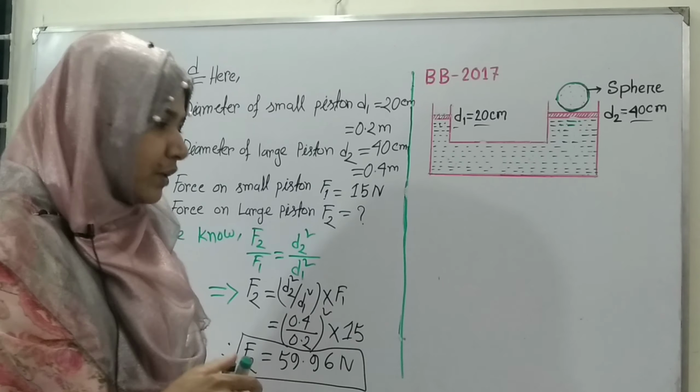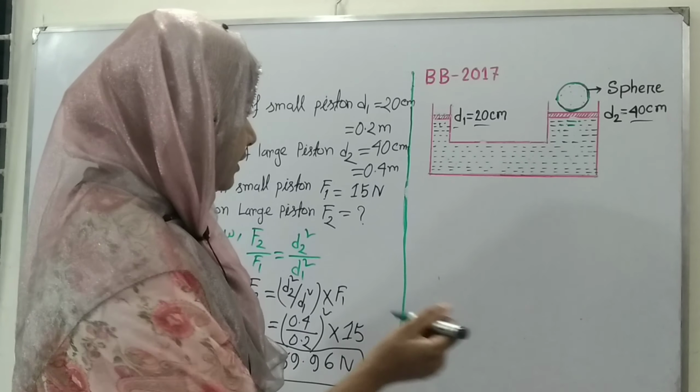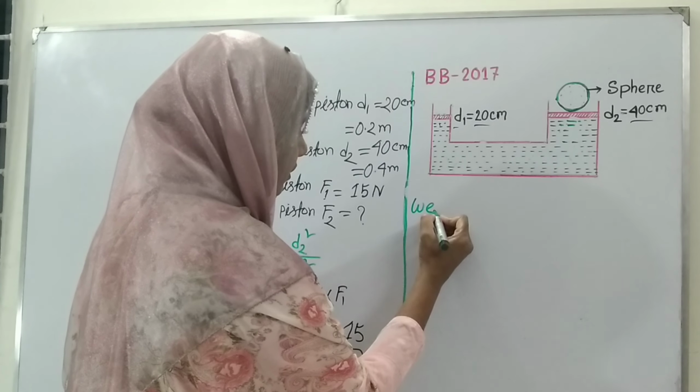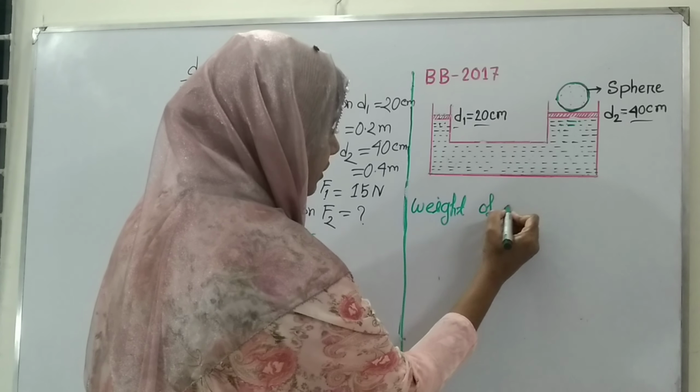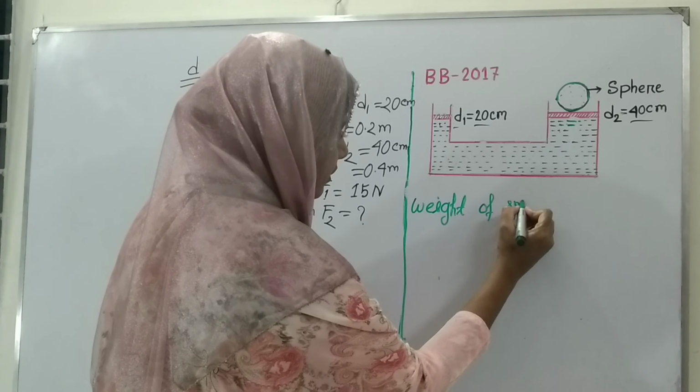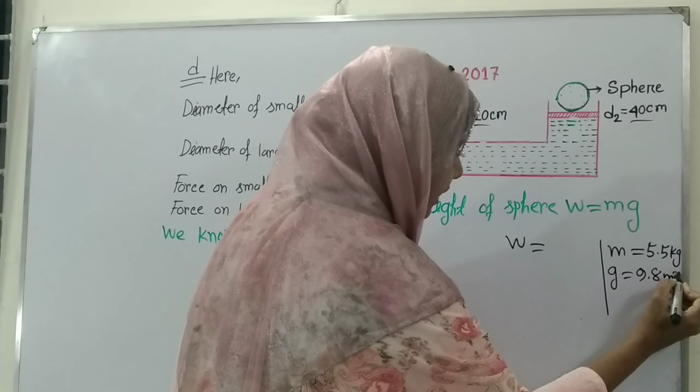Now we have to calculate the weight of that sphere. That means weight of sphere, W equals mg, and from question number C we get the value of m equals 5.5 kg, and the value of g we know is 9.8 meter per second square.